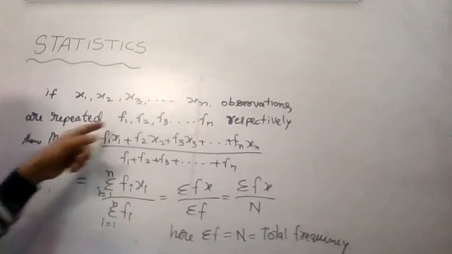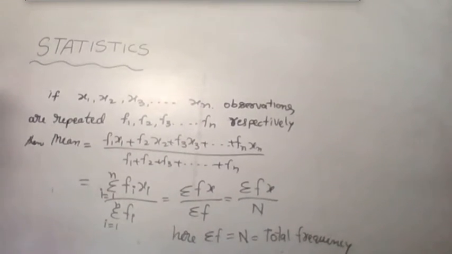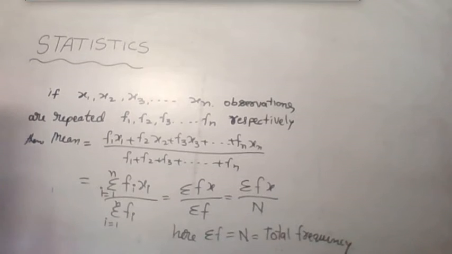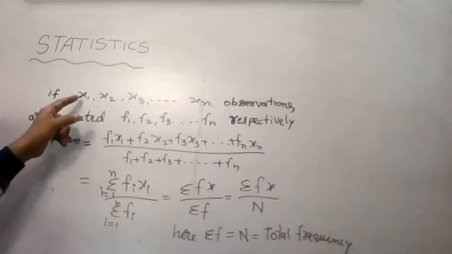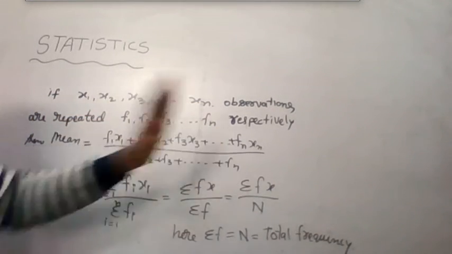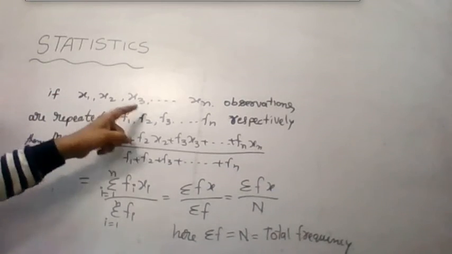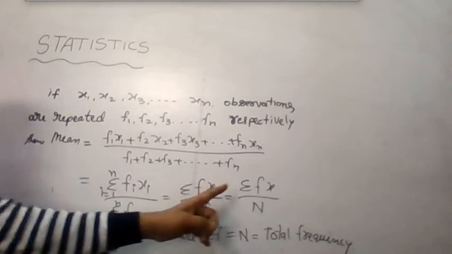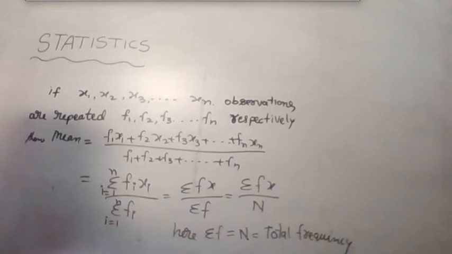So these repeated numbers are frequencies. Hence, mean of ungrouped data, if different values are repeated different times, means x1, f1, x2, f2, x3, f3 like that, we can say sigma fx by n.